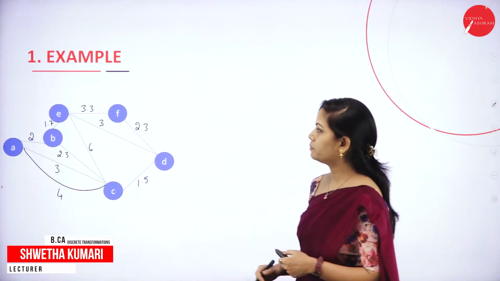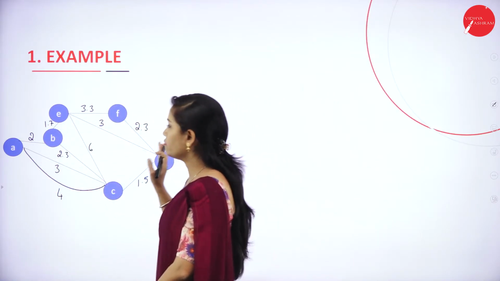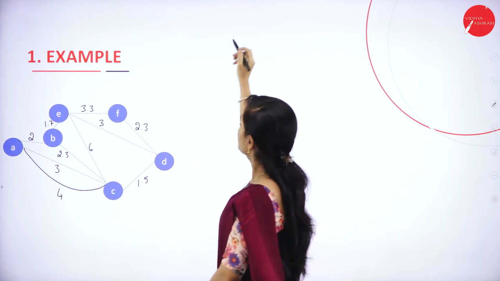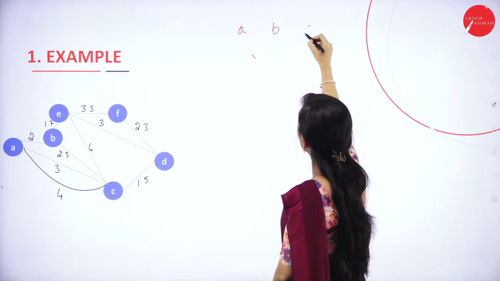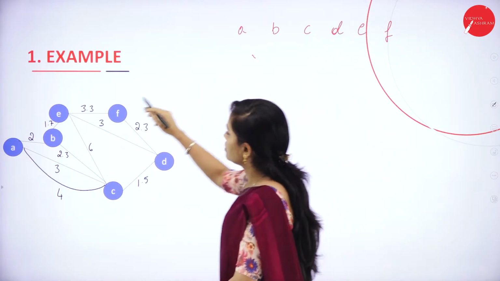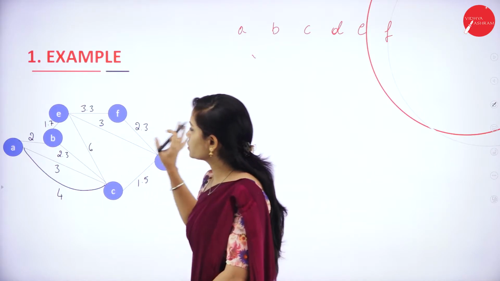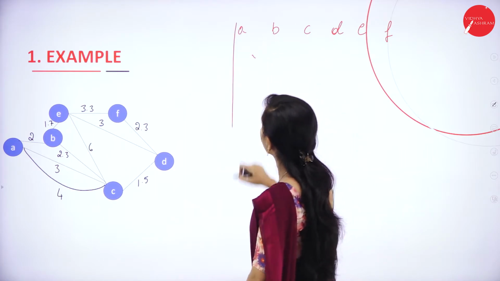So first example problem. Here you have 1, 2, 3, 4, 5, 6 vertices. I'll list all the vertices A, B, C, D, E, F. So we have 6 vertices.